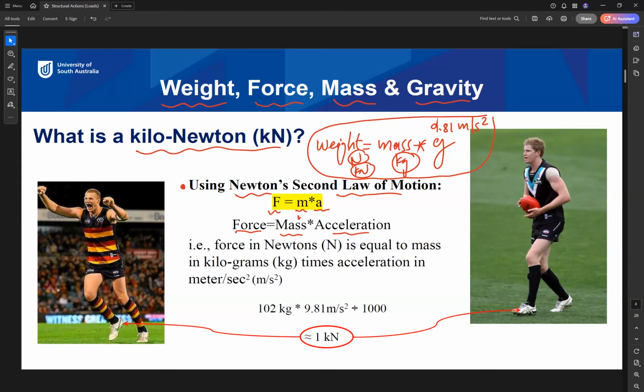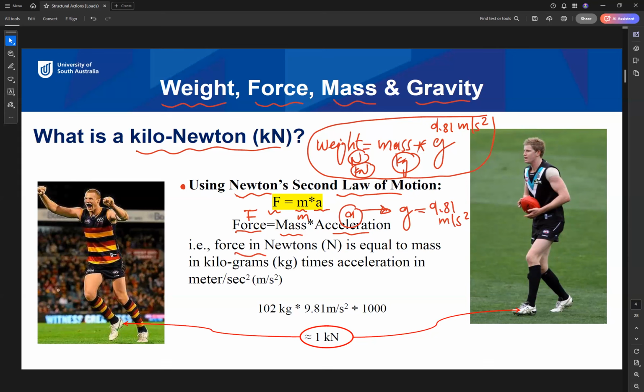The mass is m, the acceleration is a, and the force is F. But in the special case of weight, a is replaced by g, equal to 9.81 meters per second squared. So the general equation for force is mass times acceleration, and for weight, a is replaced by g equal to 9.81 meters per second squared.